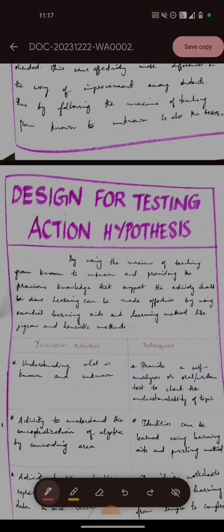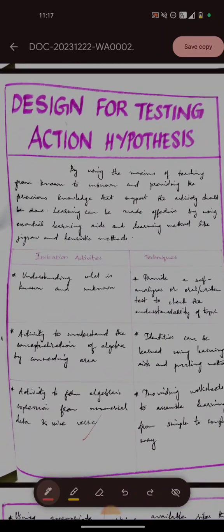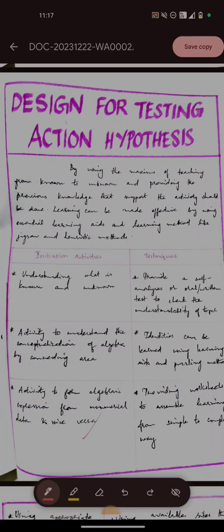Next is the design for testing the action hypothesis. The design of the action hypothesis involves initiating activities and techniques. Like replacing the lecture method at some point with jigsaw and heuristic methods, and providing essential aids to learn.